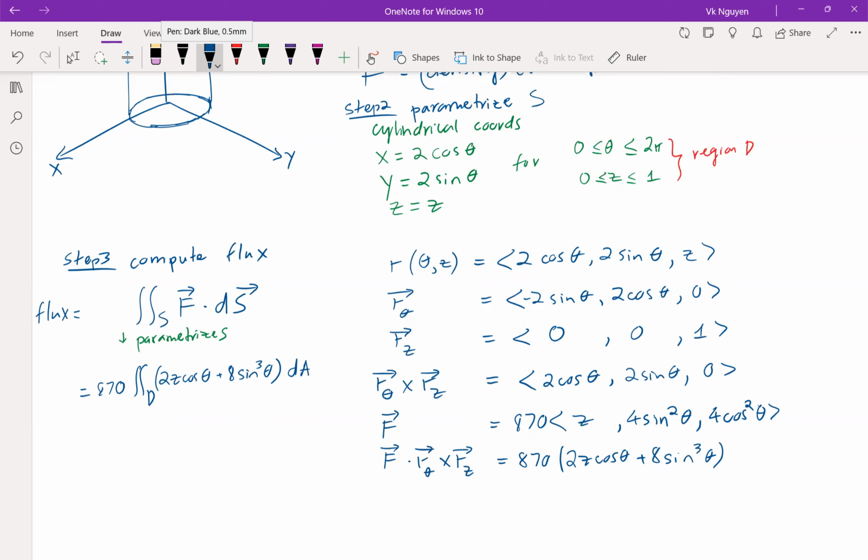Okay, well, now, I was planning to go a little bit down, but 870, the angle theta is 0 to 2 pi. z is 0 to 1. So we have 2z cosine theta plus 8 sine to the power 3 theta dz d theta.